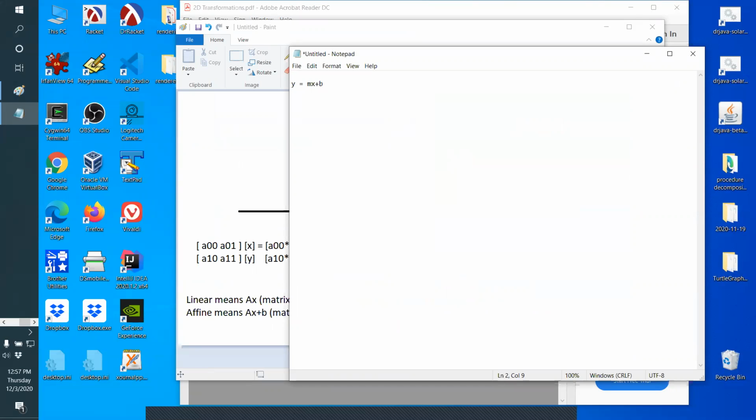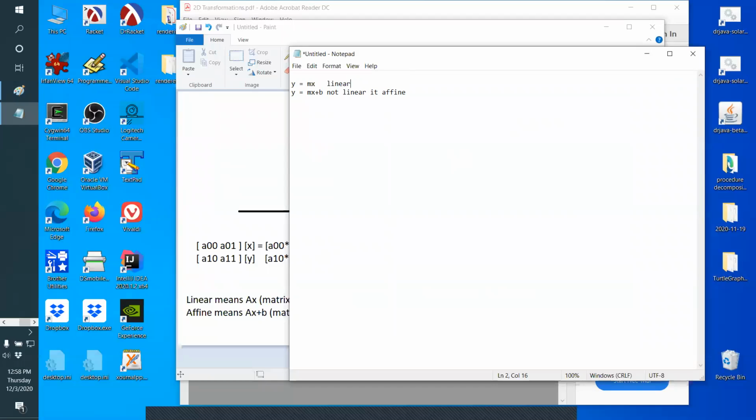But it's not a linear equation. It's an affine equation. Eventually, if you take enough math classes, the professor walks in the room and says you've been told the wrong name for this thing all your life. It's not linear, it's affine. What's linear is y equals mx.